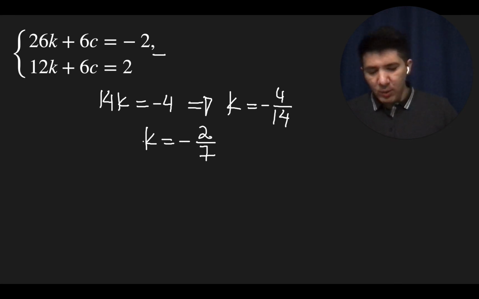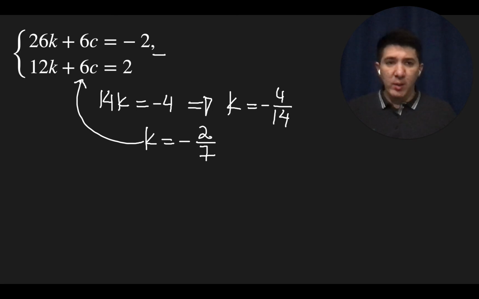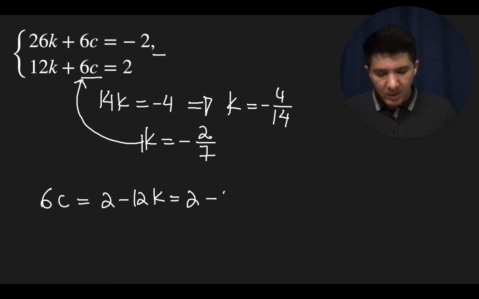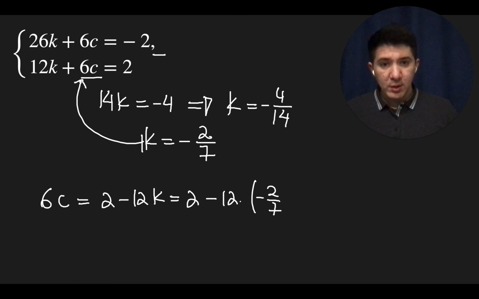Okay? So we are going to substitute this either into the first equation or into the second equation in order to find the value of c. So for example, let's find this 6c from here. 6c is equal to 2 minus 12k, right? Which is equal to 2 minus 12 times (minus 2 over 7), okay?